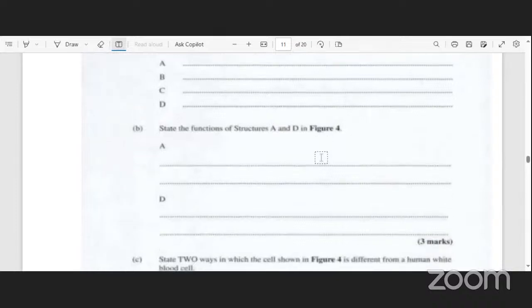State the function of the structures A and D. So what's the function of the vacuole and what's the function of the chloroplast?